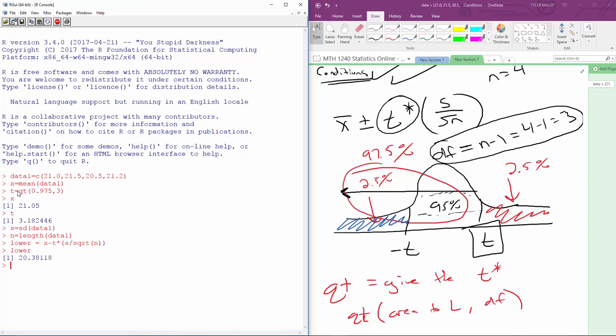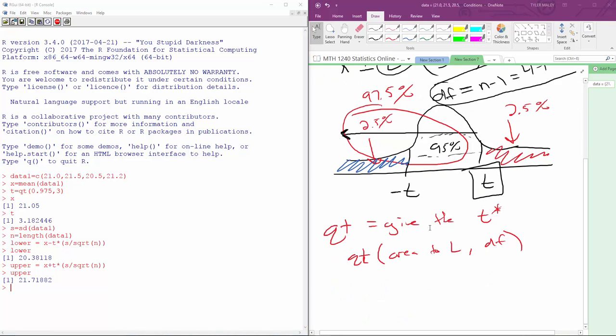So I can just type in lower, and I can find that. Then I can push the up arrow to get this command back, alter it to make this the upper part of the confidence interval and change this minus to a plus. Then I can type in upper, and we should have found both of those.